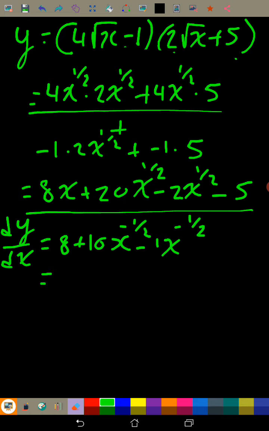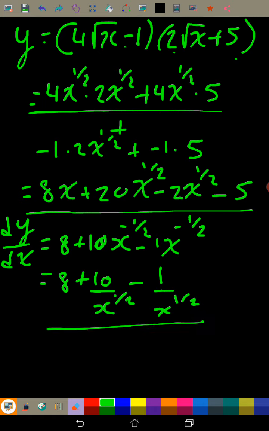So the final result should look like this: 8 plus 10 divided by x to the power of minus half, minus 1 times x to the power of minus half. So this should be the final answer.